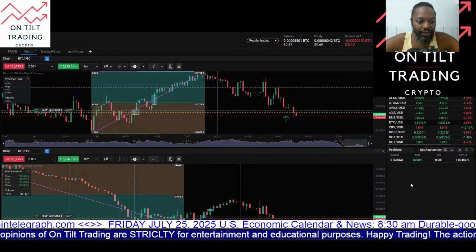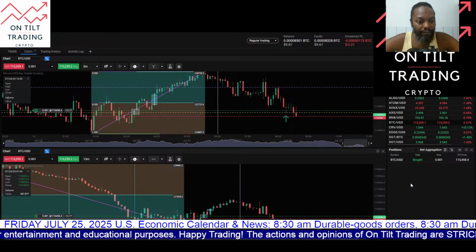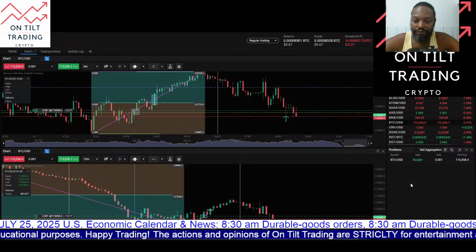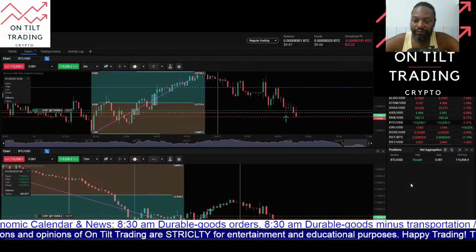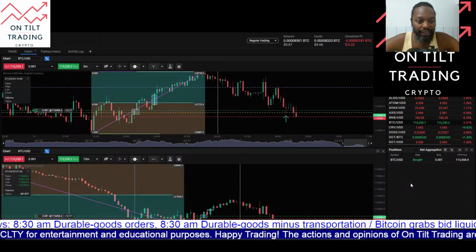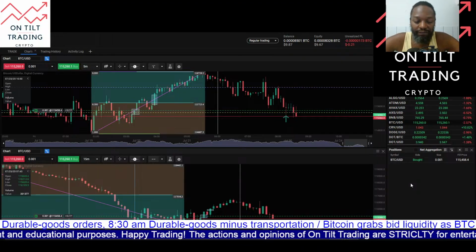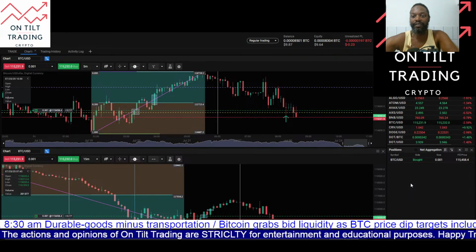I want to see a potentially stronger reaction with price moving away from the fair value gap. But it looks like this price wants to consolidate below the fair value gap, or consolidate at and around the fair value gap, and potentially just trade through it on the low side and stop me out here.